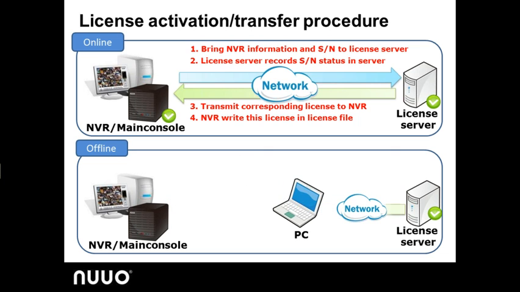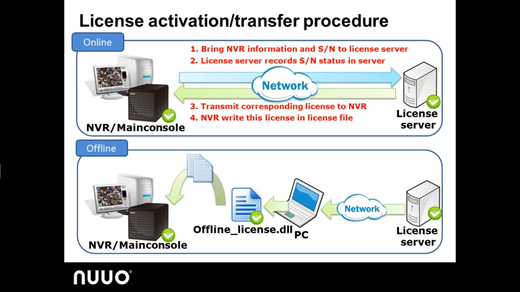The license tool will generate an offline.dll file, which includes the corresponding license. The user has to copy that DLL file, then import it into the NVR to complete the offline activation procedure.